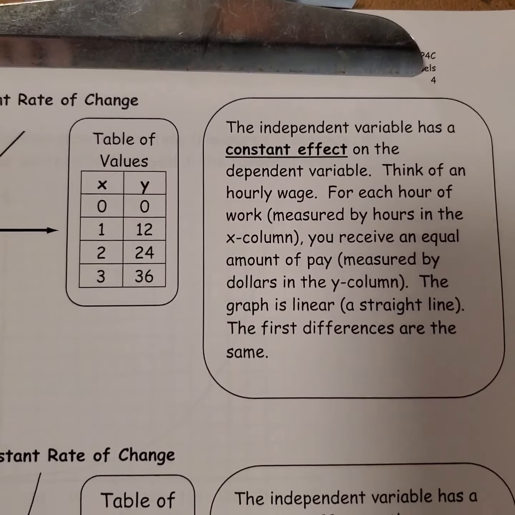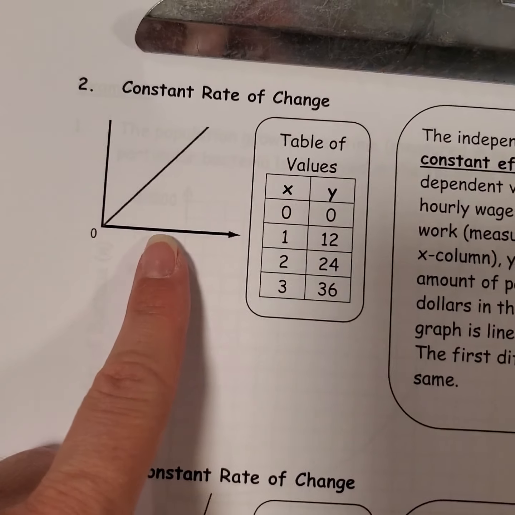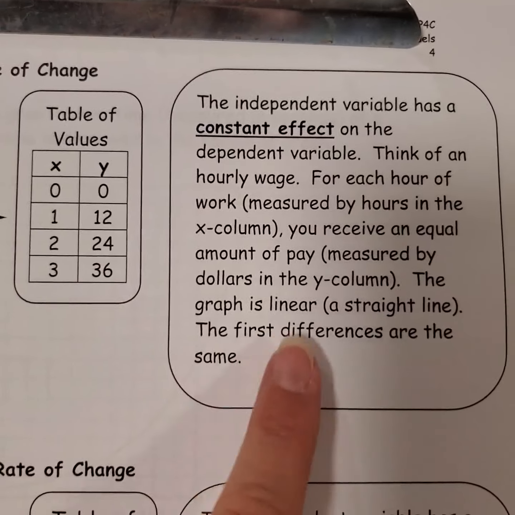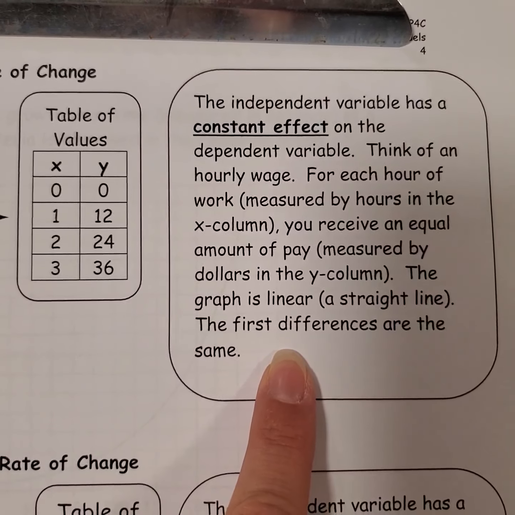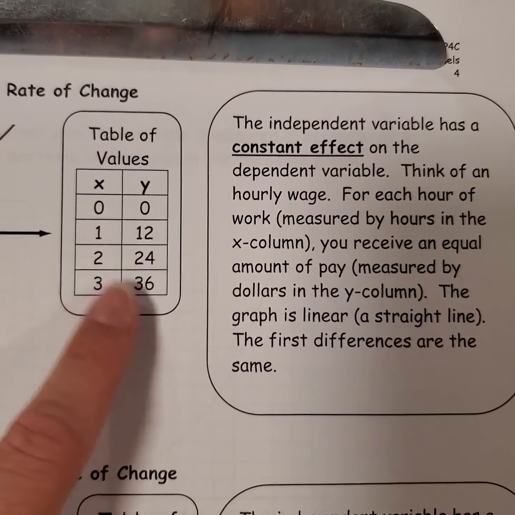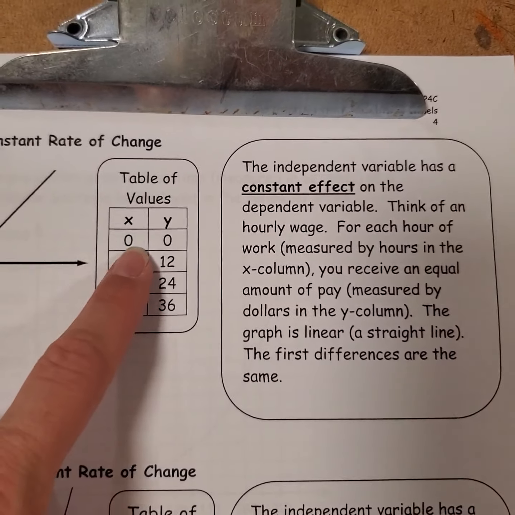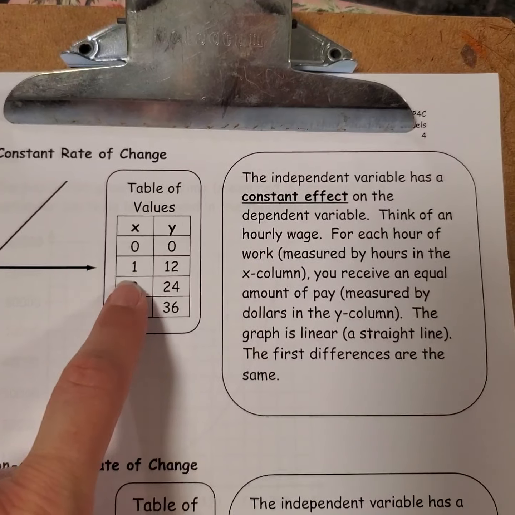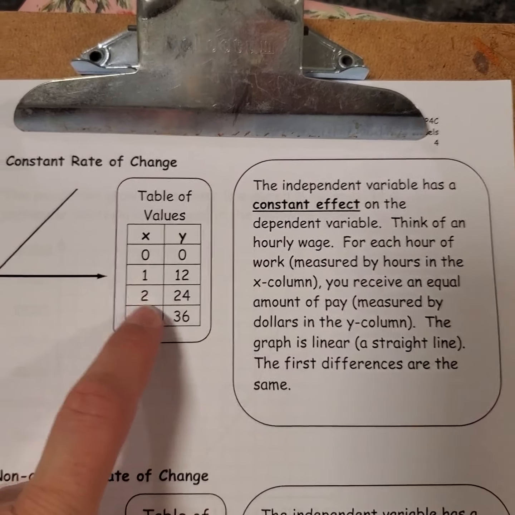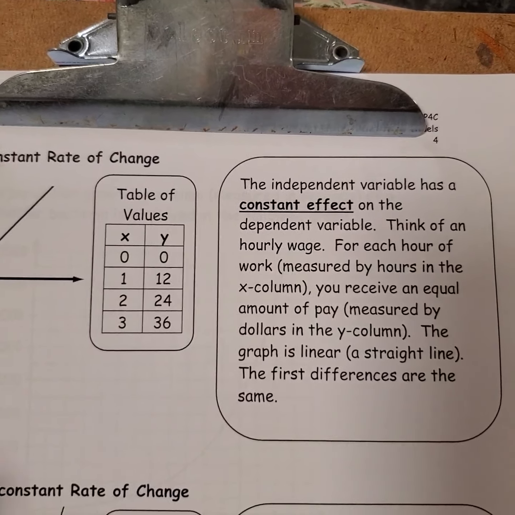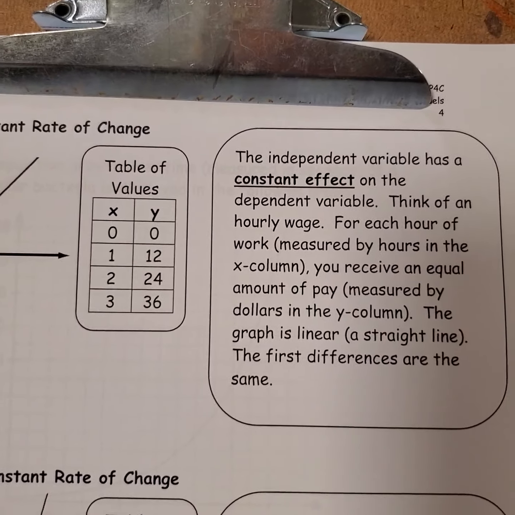So here the example that I have, because we want to make sure we understand this graphically, that we understand what this looks like in a table of values, and then we can apply a real life application, okay? And the easiest example to think of here is a minimum wage or an hourly wage, okay? If you don't work, you make no money. If you work 1 hour, $12. 2 hours, $24. For each additional hour you work, you're earning an equal amount of money, okay?